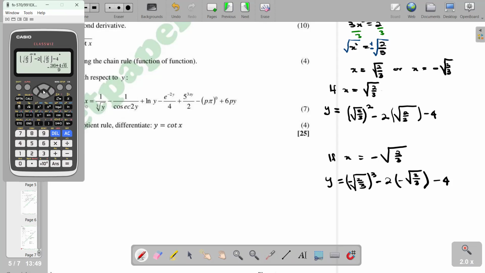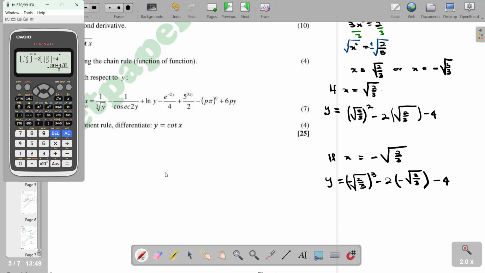The answer we are getting is minus 36 plus 4 root 6 over 9.